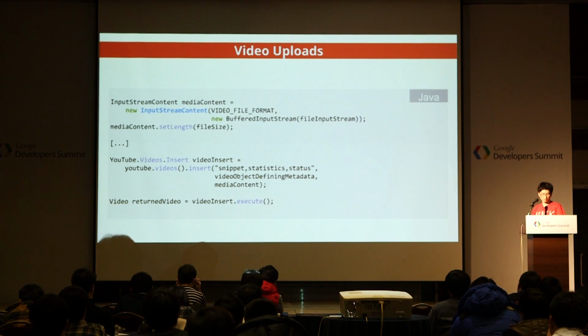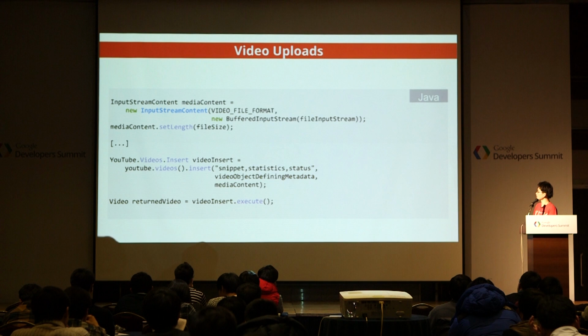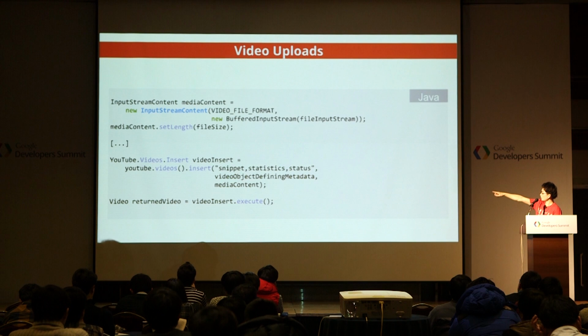Video upload is really easy to use and intuitive. This code is showing how to upload video in Java. The flow is really easy. First, you open the file and set the file size onto the media content. Then call the YouTube video insert method, and pass the media content instance into it.